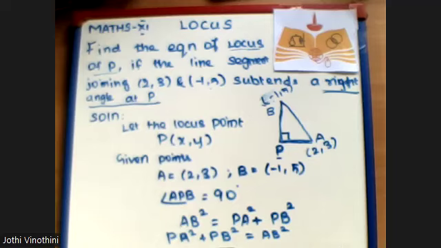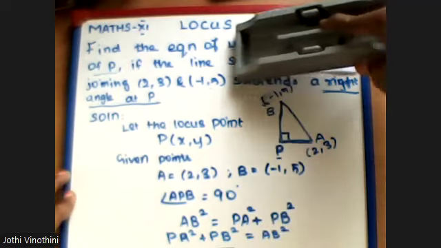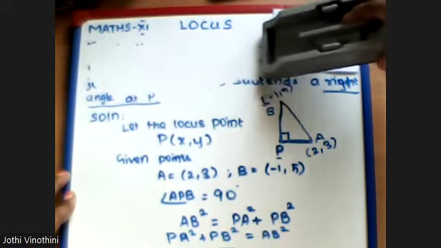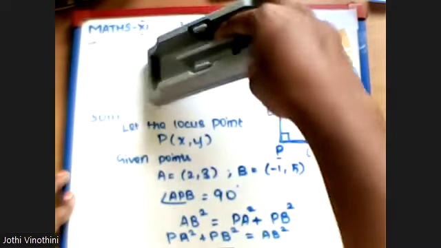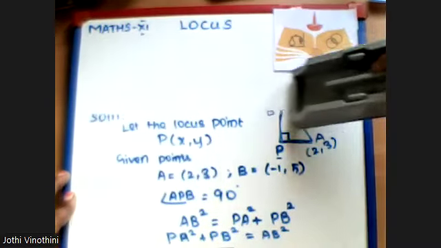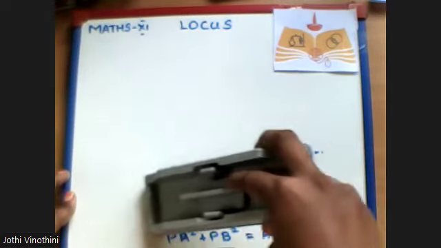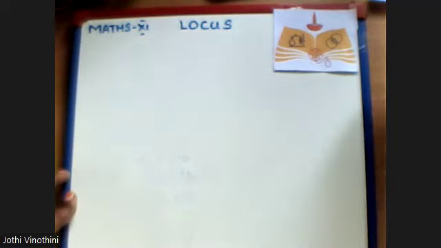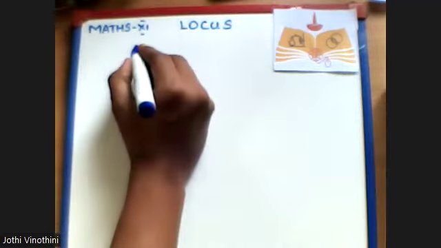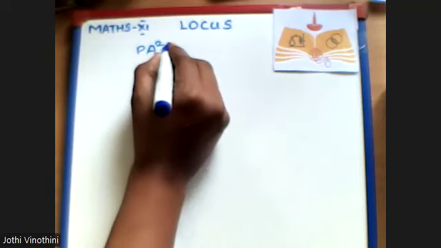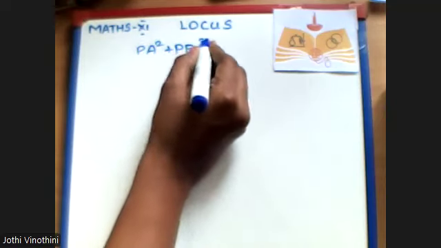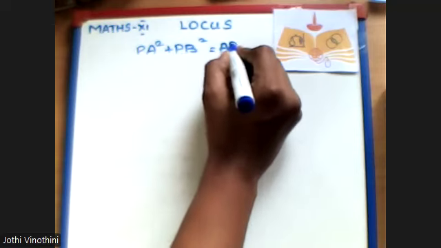Okay. Shall I wrap the board and we will continue to the next step, right? What we solved: PA squared plus PB squared equals AB squared.